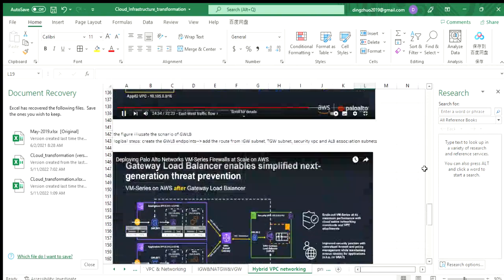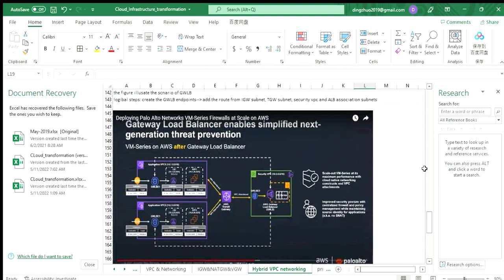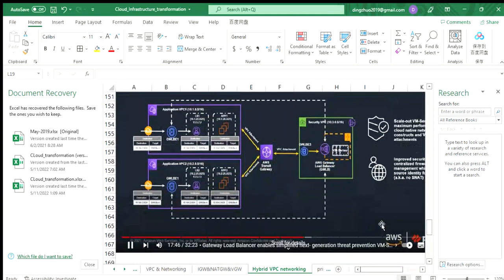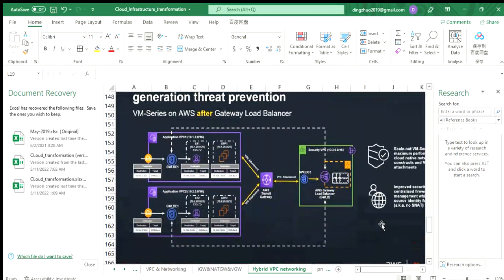So let's have a look at another scenario, which is still based on the gateway load balancing, but a little bit different. If you look at this diagram, you're still going to have a transit gateway sitting in the middle to connect multiple VPCs.